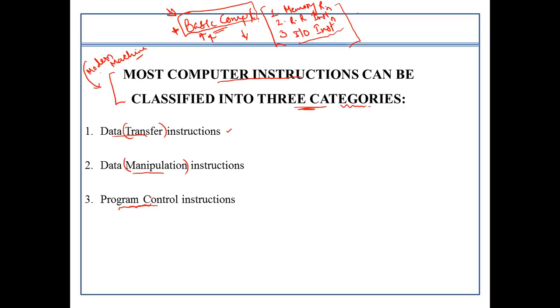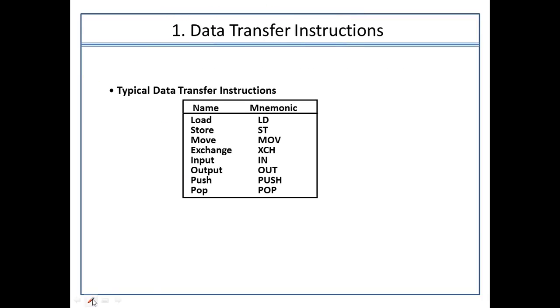So let's understand them. The very first is the data transfer type. Data transfer simply means that normally the machines are using registers to transfer the data. Like I want to transfer the data from R2 to R1, or maybe from the memory I have to pick the data and place it somewhere else, right?